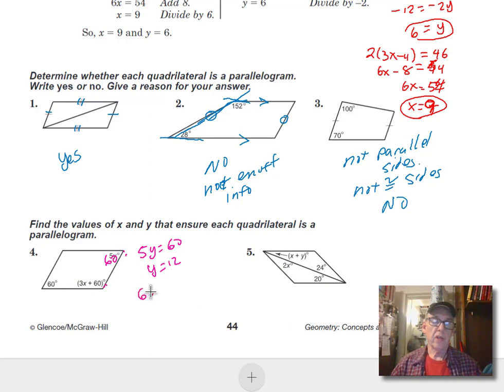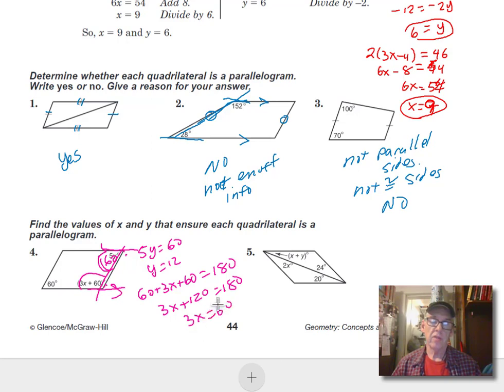So we have 60 plus 3x plus 60 needs to add up to 180, because really we have parallel lines cut by a transversal. And if that's the case, then same side interior angles are going to be supplementary to each other. So 3x plus 120 makes 180. Take 120 away from both sides. 3x is 60. Divide by 3. X is equal to 20. So x is equal to 20 for that problem, and y is equal to 12.